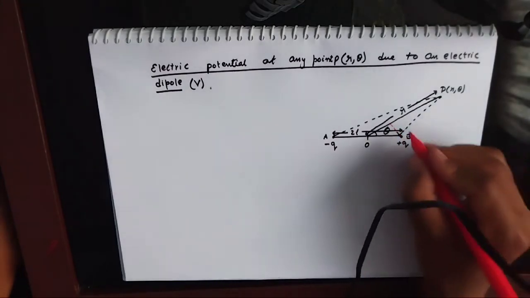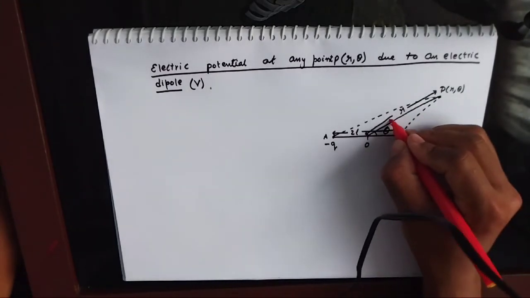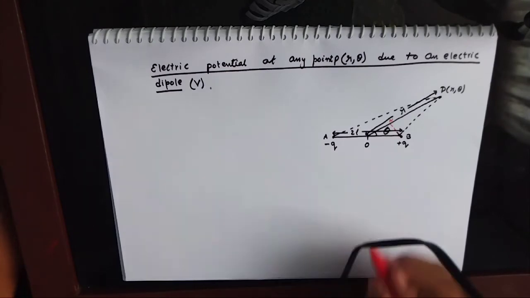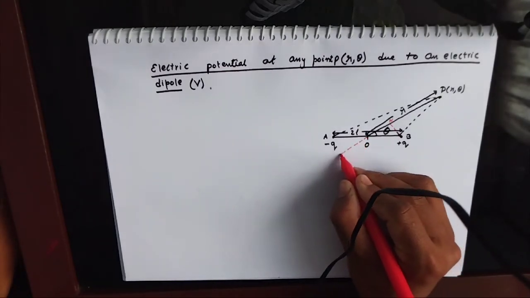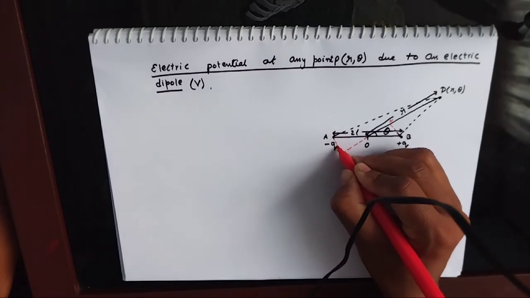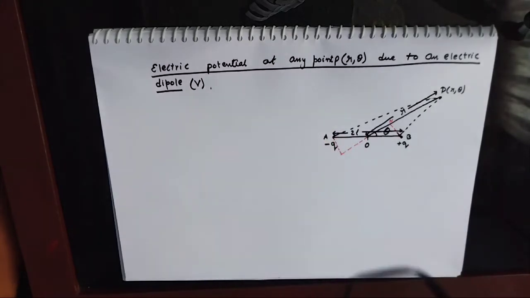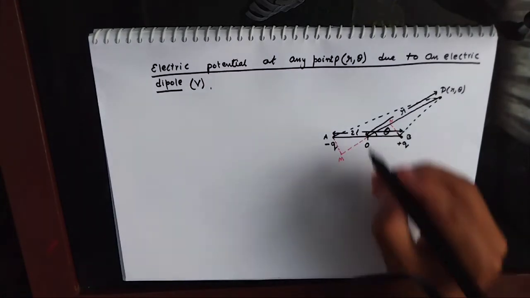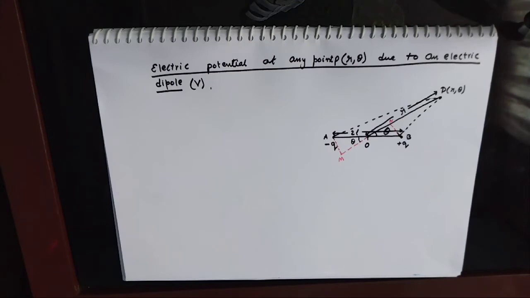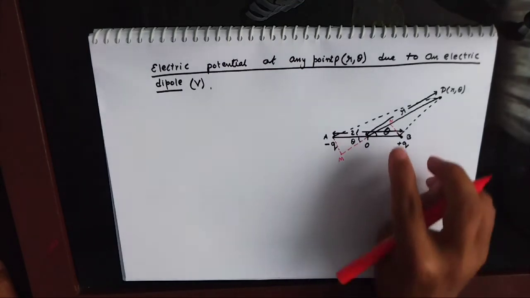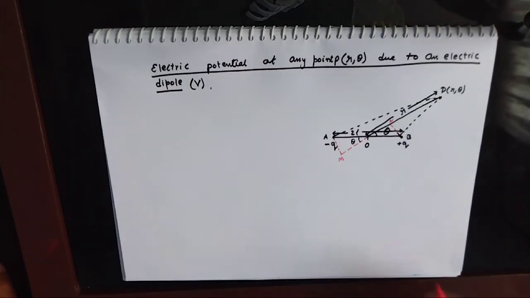Say this point is N. If I produce this one backward and I drop a perpendicular from A, let me mark this one by N. Say this angle is theta. So as we can see from here, what is ON? What is ON?